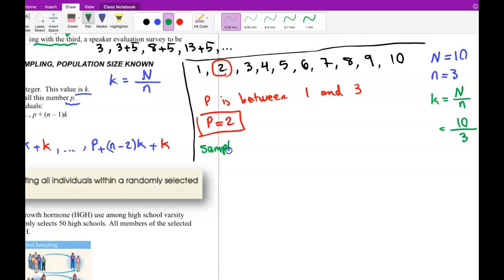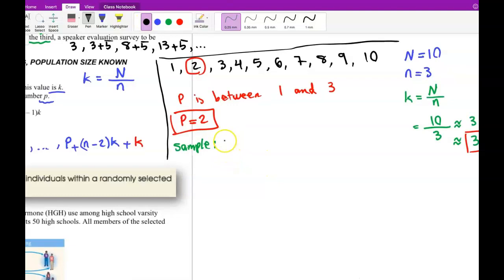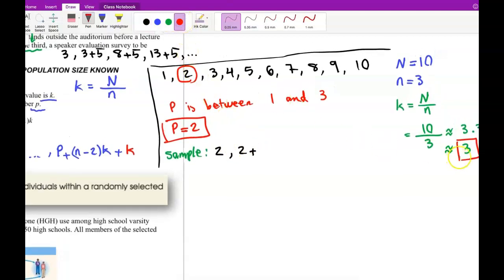This is our sample. Starting point is 2. Then 2 plus K, which is 3, is 5. Then 5 plus K is 8. Our sample size is 3, so we stop here because we only need 3. Our sample is 2, 5, 8.